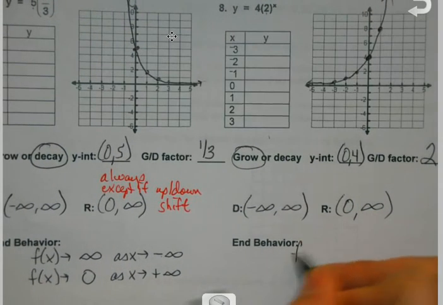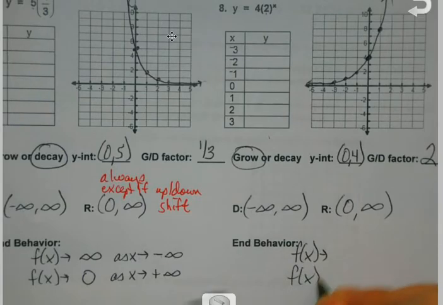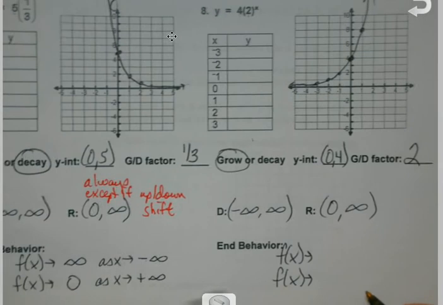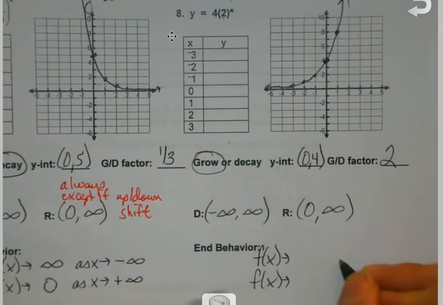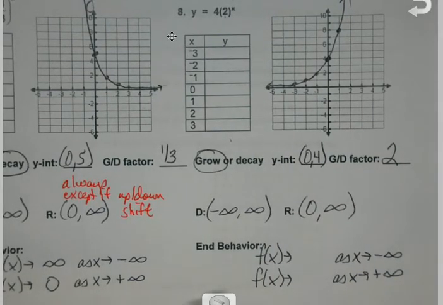So my end behavior, now let's see if this changes at all. Again, the f of x part is the part that changes on me. The x part, the second part, is always just going with my domain, which is negative infinity and positive infinity. And again, my range values, since they're 0 and infinity, I already know what they are.